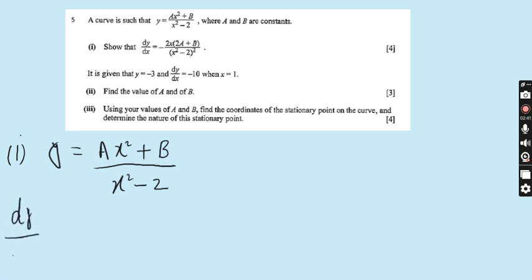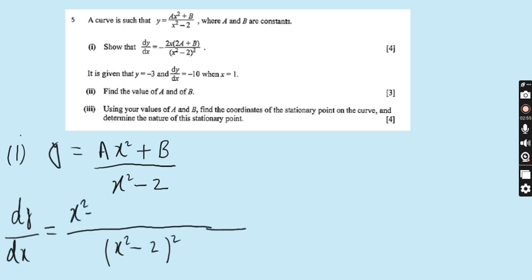dy/dx equals v squared in the denominator, so (x² minus 2) whole square, this is v squared. In the numerator, v as it is, dot means multiply, derivative of u. The derivative of ax² is 2ax, plus the derivative of b, a constant, is 0, so no need to write 0.